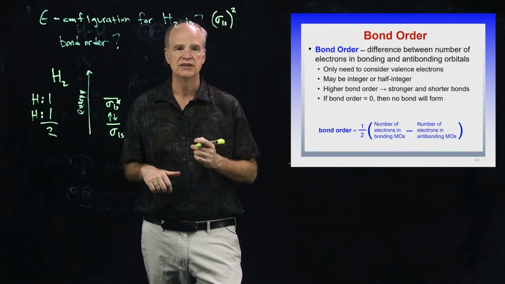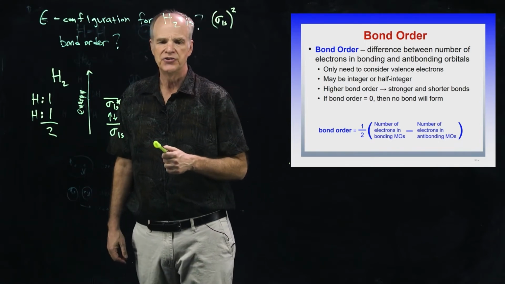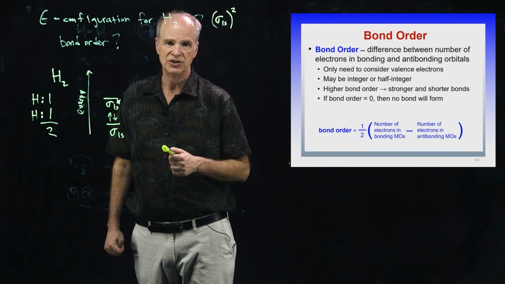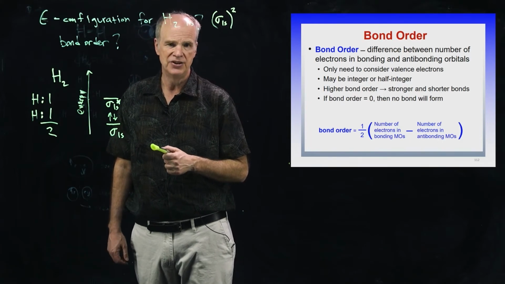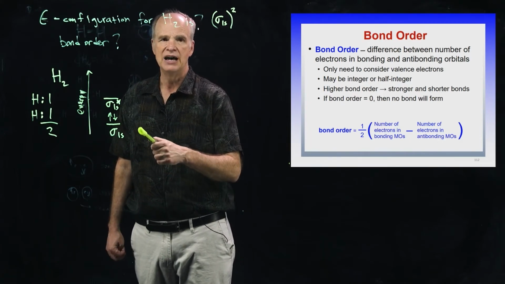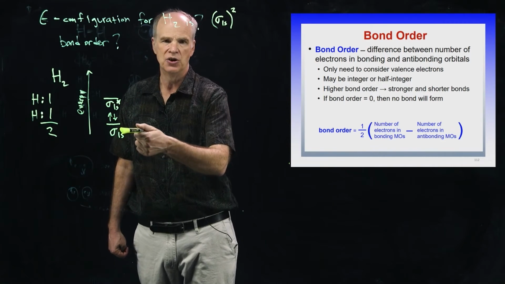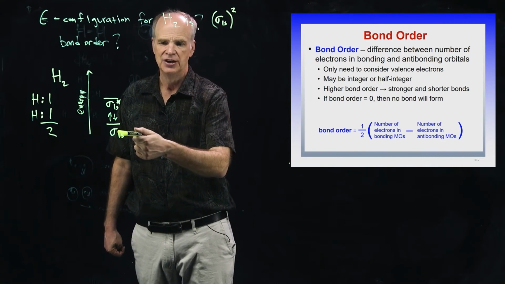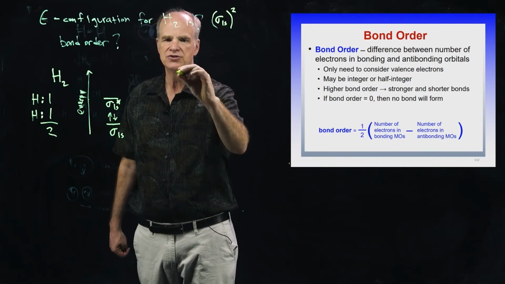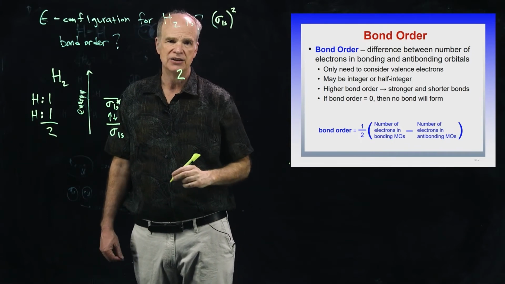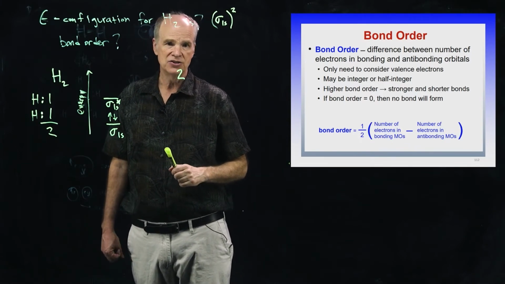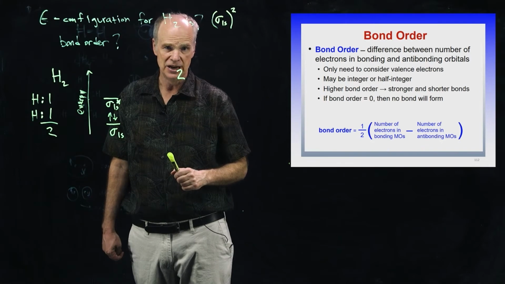So let me go ahead and calculate this. So first off, how many electrons do we have in the bonding orbitals? How do we identify the bonding orbitals? The bonding orbitals are the ones that don't have an asterisk. So here we have 2 electrons in a bonding orbital. Now, how many electrons do we have in an antibonding orbital?